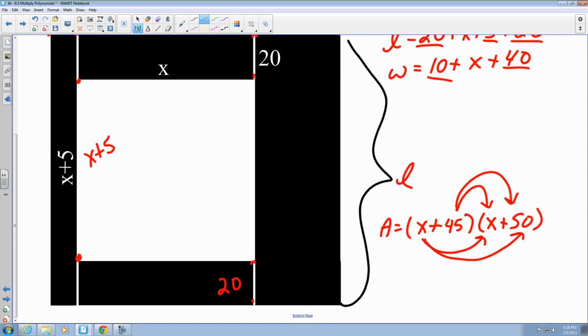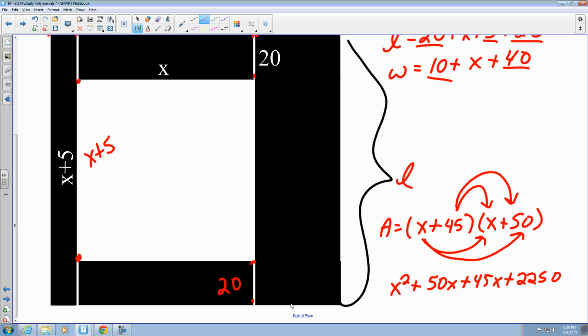So I can get x squared plus 50x plus 45x plus, multiply those together, I get what? 2,250.